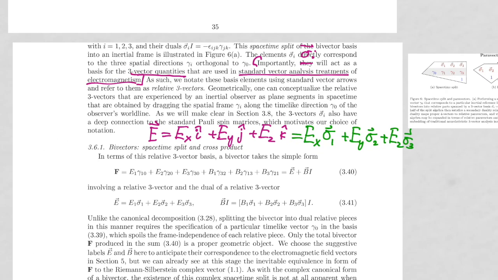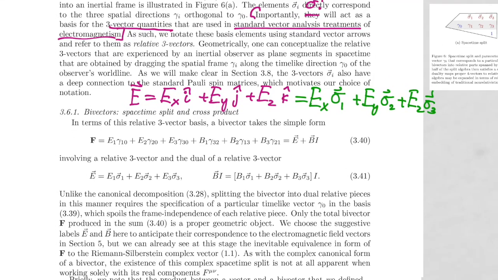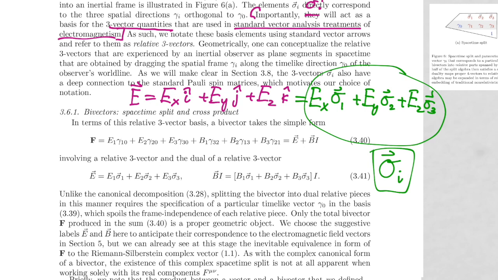And then the obvious point is, but wait a minute, sigmas are bivectors. They're not vectors. They're bivectors. So how can this be a basis for a 3-vector quantity? First of all, there's 6 of these things, aren't there? They say, no, there's only 3 sigma i, because we've split our basis into sigma i and sigma i dual.